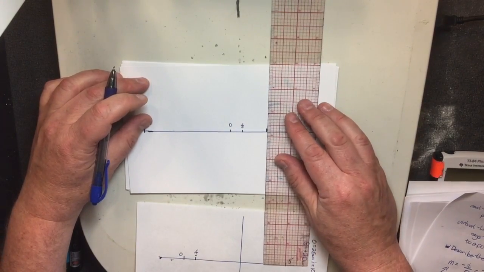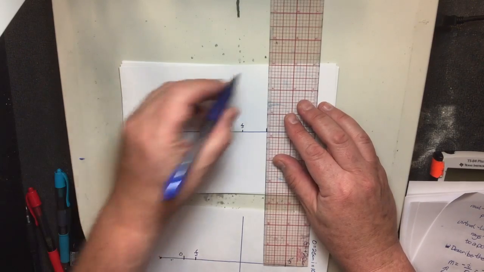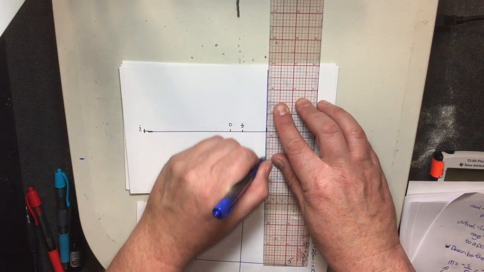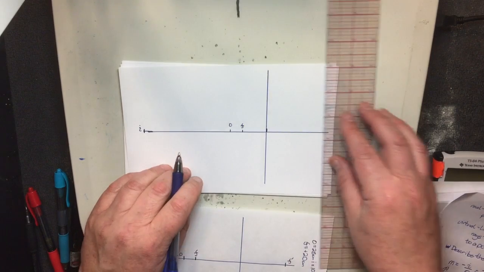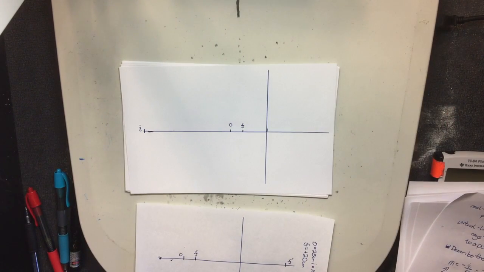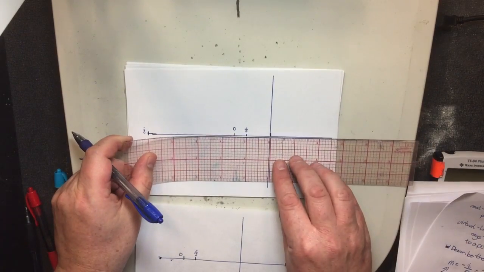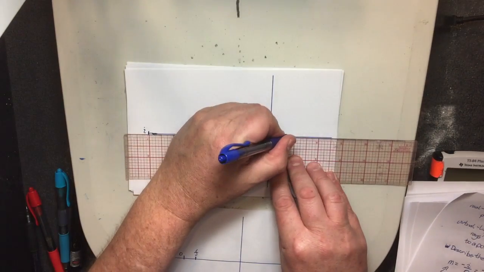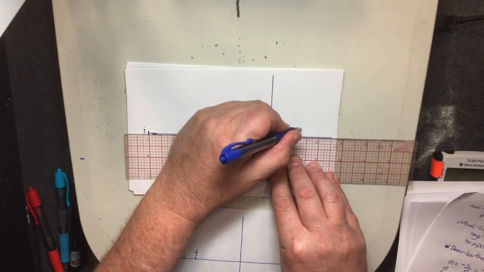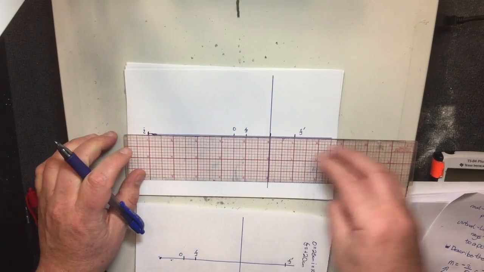So really what you want to do, as a word of advice, is think about the biggest number you've got and try to scale everything to that distance. We put in F prime because it may help us.